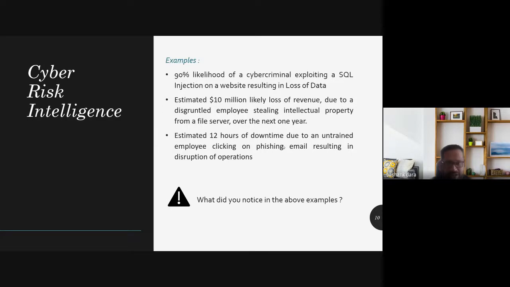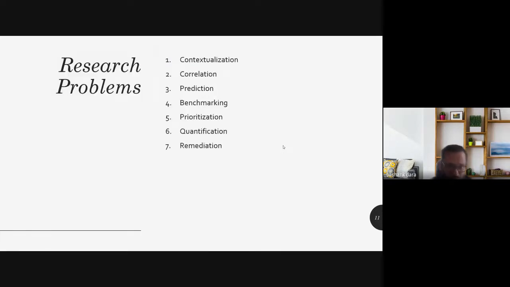Okay, so these are the research problems I could think of in this particular area. It's a very nascent field. There's a lot of work to be done, a lot of exciting problems to be solved. I'll cover each and every problem with examples and with one or two of the latest research.